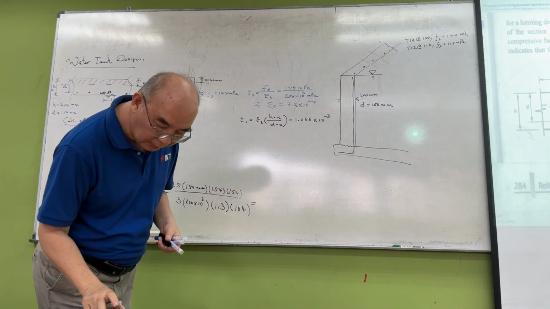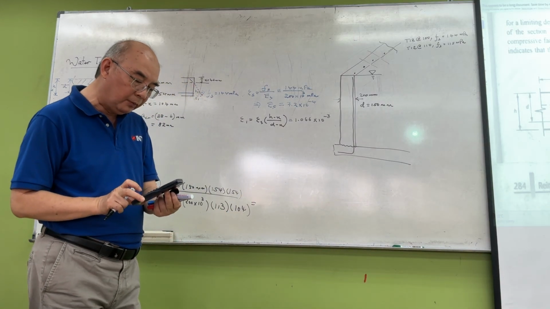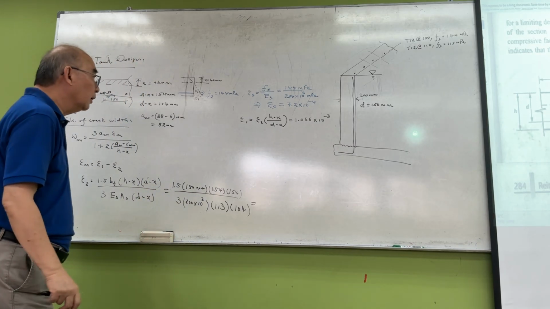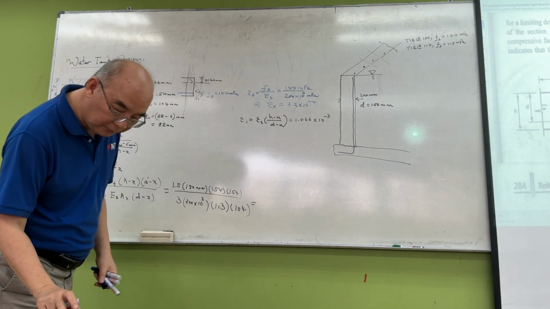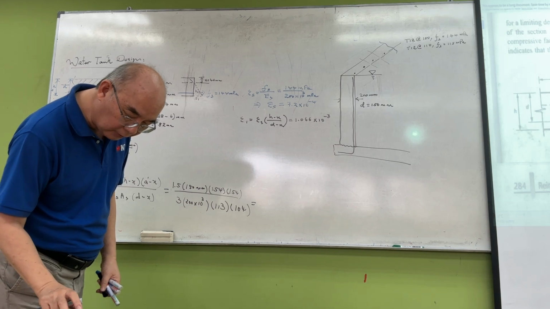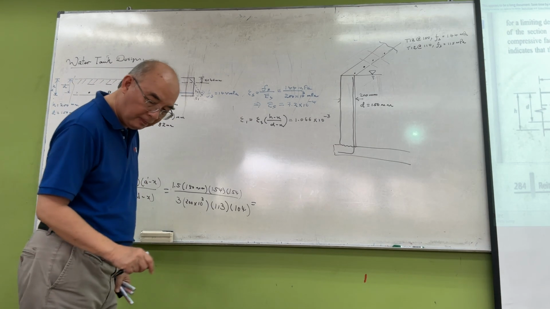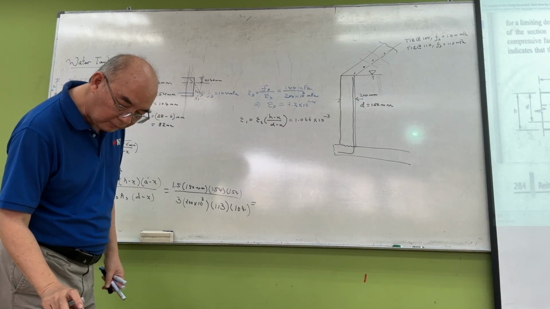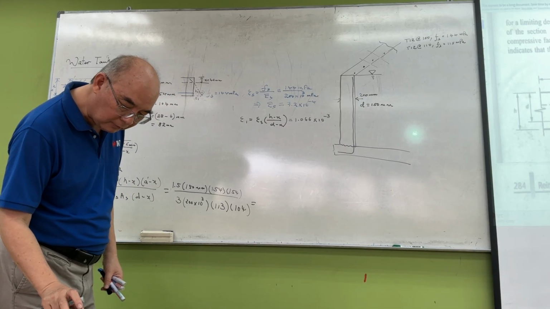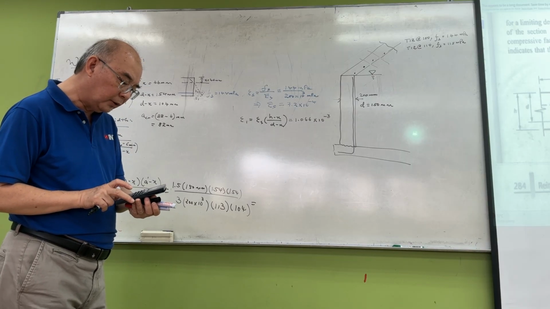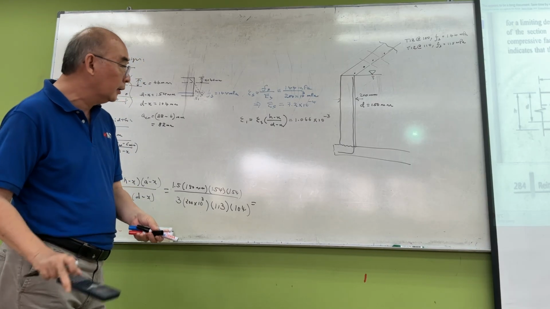What I got is 7.57 times 10 to the negative 4. Let me just say it is 0.7566.